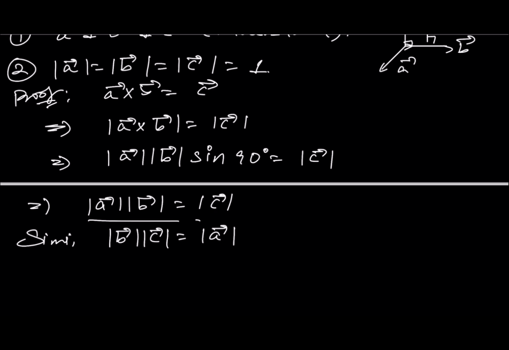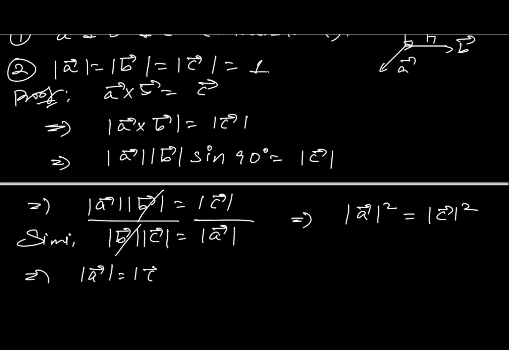If I divide these two, then what we'll have is mod of A square is equal to mod of C squared, or you can say mod A is equal to mod C, right?